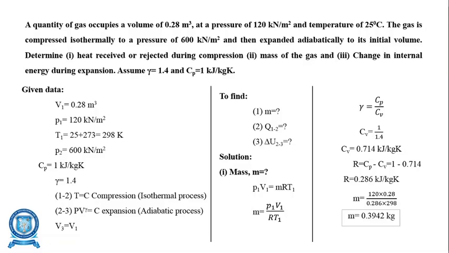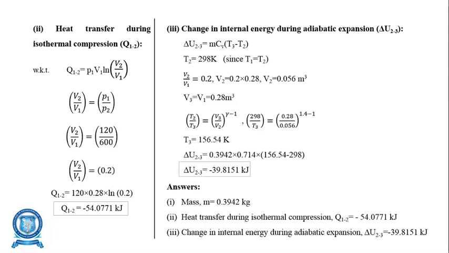For the isothermal process, the initial temperature and the final temperature are the same. So T1 is equal to T2. Do you understand this? So T2 is also 298 Kelvin. One is over, T2 is over.